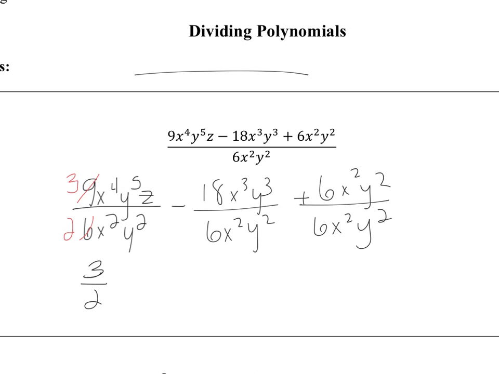Okay, and then we subtract our exponents. So we have 4 and 2 on the x's, so we subtract those and we get x squared. And subtract the y's, y cubed, and z is left. Now you could write this particular term, and I'm just going to write it up here so you can see, they mean the same thing.